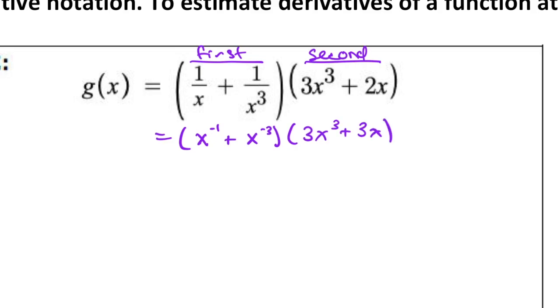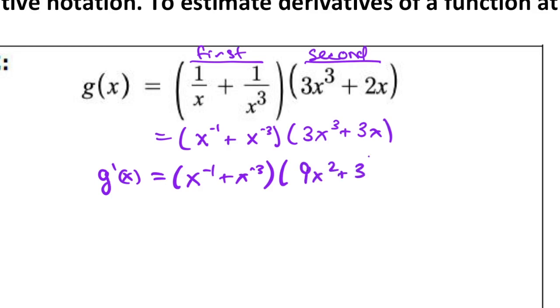So product rule, g prime of x equals the first term times the derivative of the second term. The derivative in this problem is going to be 9x squared plus 3. So that's the derivative of the second, plus our second expression, 3x cubed plus 3x, times the derivative of the first expression.